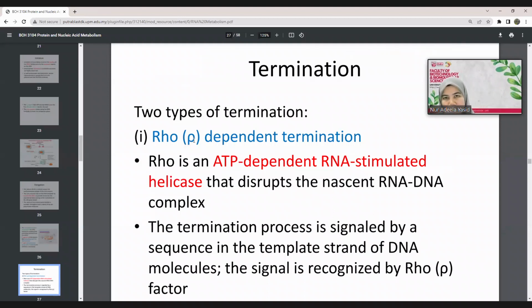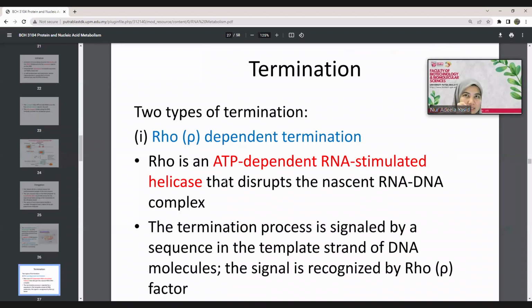So what is rho? Rho is a protein. Rho-dependent termination is protein-based because rho is a protein. It is an ATP-dependent, RNA-stimulated helicase that disrupts the nascent DNA-RNA complex.